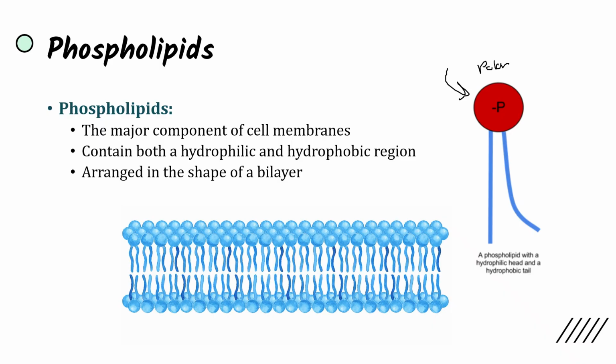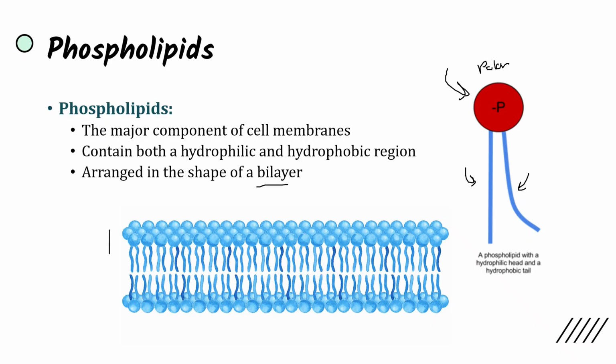However, the phospholipid also has what's called a hydrophobic tail, and this tail is made up of fatty acid or hydrocarbon chains like we looked at in the previous slide. And of course, they can be saturated or unsaturated. And within the cell membrane, they are arranged in the shape of a bilayer, where, as you can see, there's going to be a bilayer, so 2-layer, and the heads are all going to be facing away from each other.